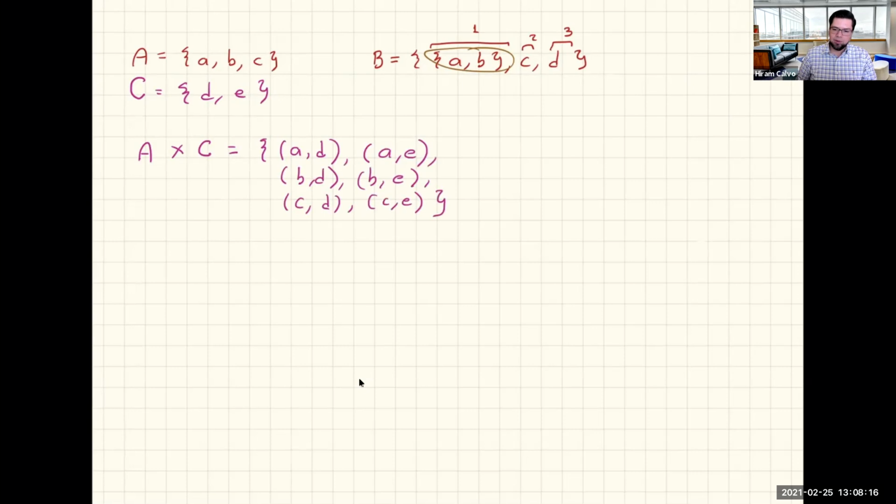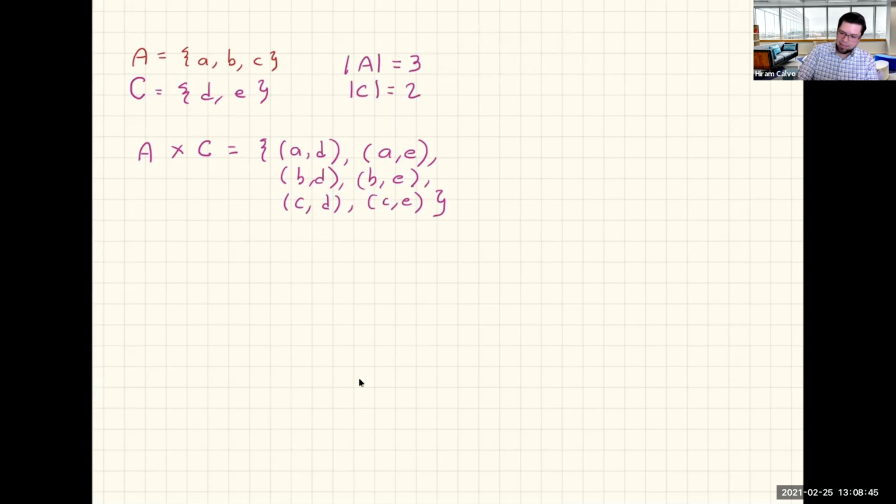Yes, so an interesting property of this is that always the number of elements we will be obtaining is the product of the cardinality of each one of the original sets. Remember that we have this operator which looks like two bars, which is the cardinality, la cardinalidad in Spanish. La cardinalidad de un conjunto es el número de elementos que lo componen. The cardinality of a set is the number of elements it has.